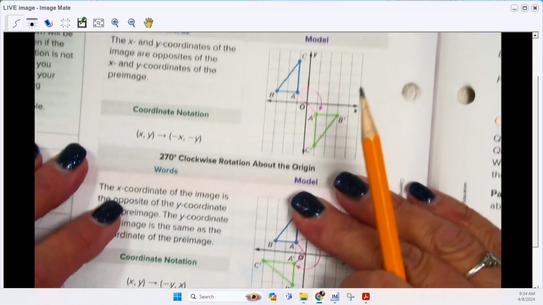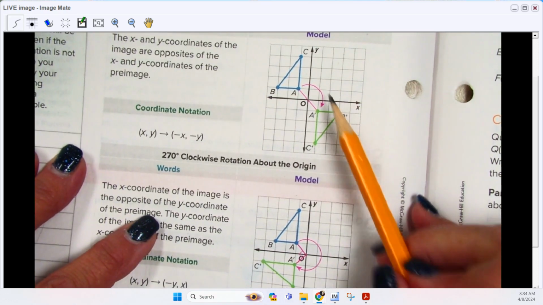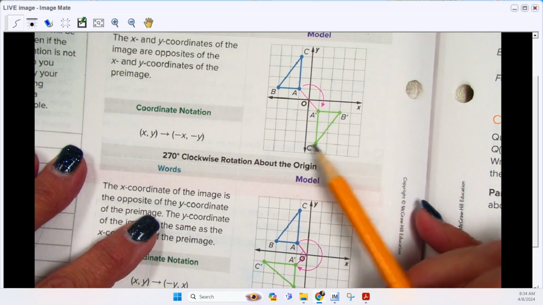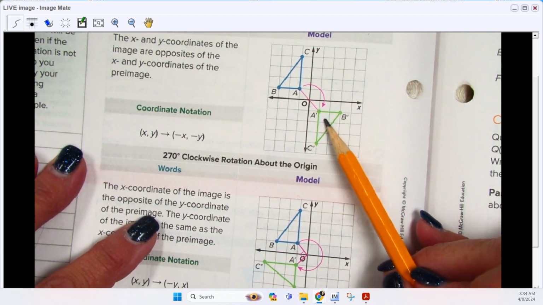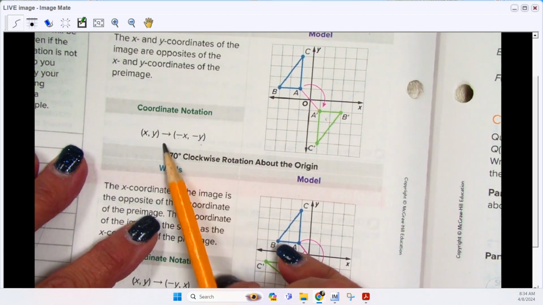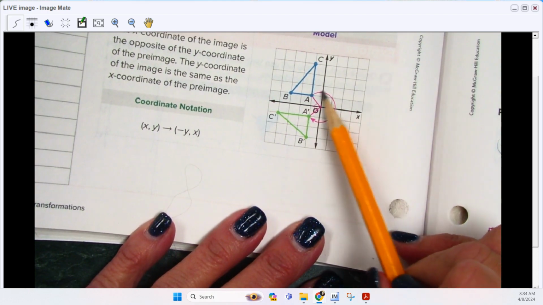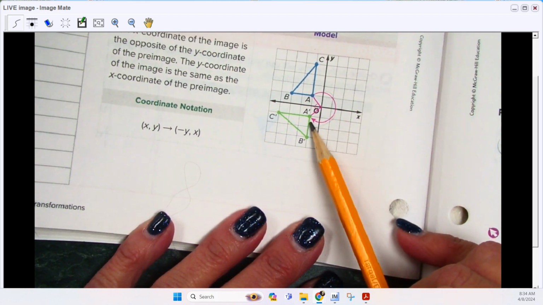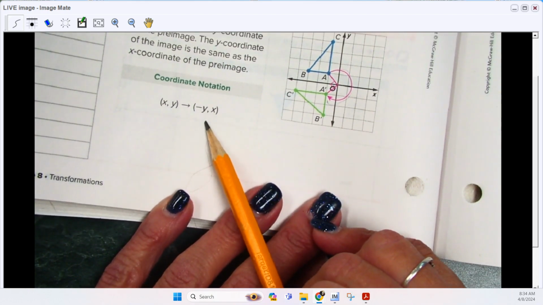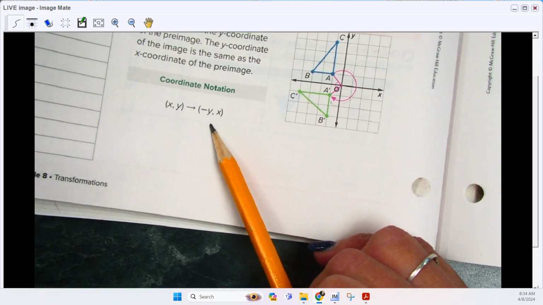With 180 degrees, which is a straight line, we take the opposites. Then down here, 270 degrees clockwise is going to be down here, and right here we do -y, x.